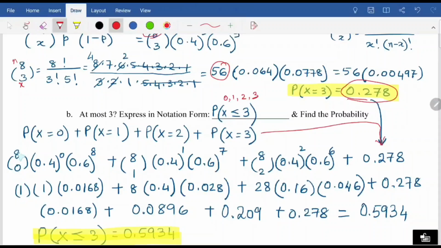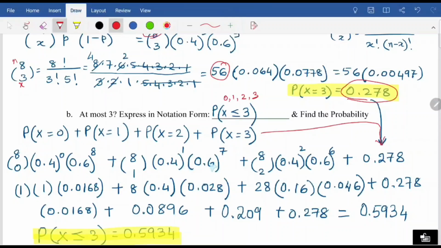So 8 combination 0 is going to be a 1, but you can do your calculation the way we did it in the previous problem using the formula n factorial divided by x factorial times n minus x factorial. So 1 times 0.6 raised to the power 8 is 0.0168. Then 8 combination 1 is 8, and then you do 0.4 raised to the power 1, which is p raised to the power x, right?